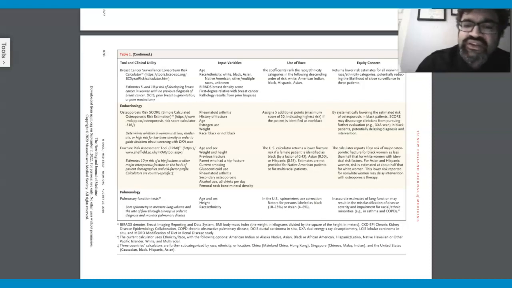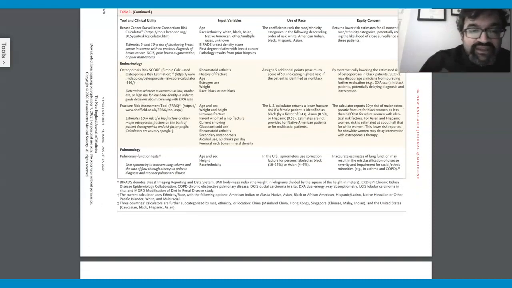The race correction here assigns 5 additional points if the patient is identified as non-Black. Again, this automatically lowers the estimated risk of osteoporosis in all Black patients, and you can't do that, because the category of Black is in many cases so broad that this may not apply everywhere. And that one was through a DEXA scan.